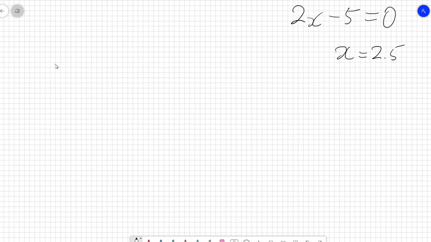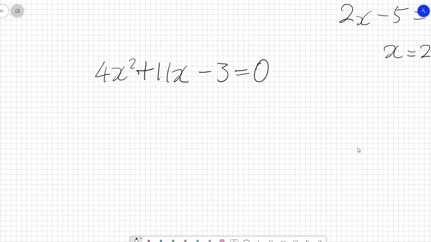So, for example, 4x squared plus 11x minus 3 equals 0. If you have an expression that looks like this, some of them are not factorizable, but I can tell you now this one is factorizable.